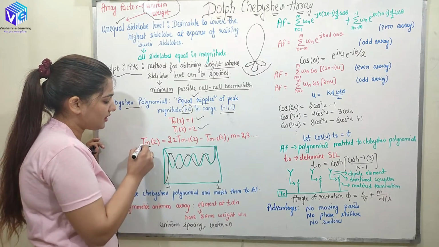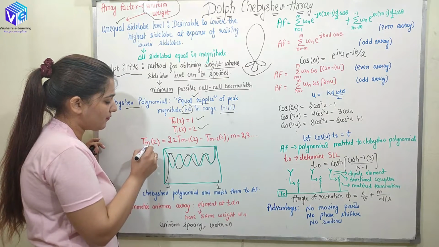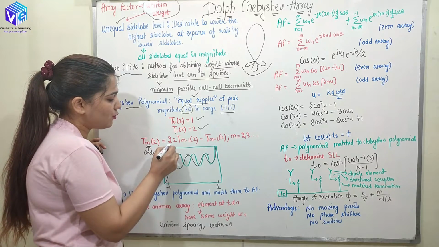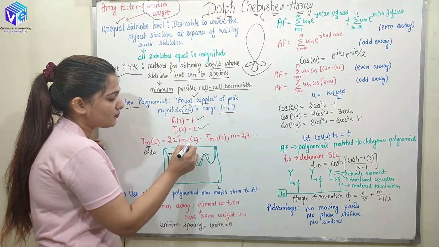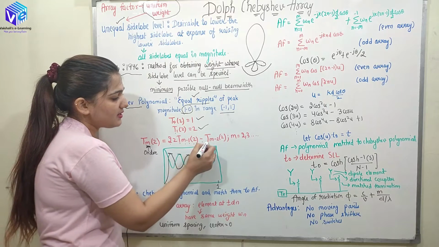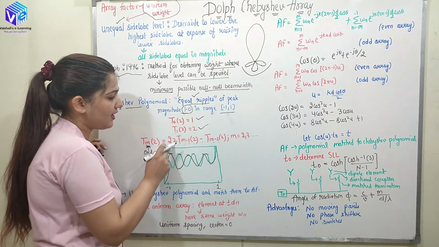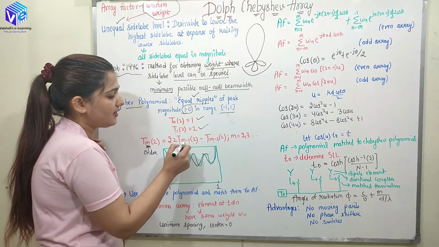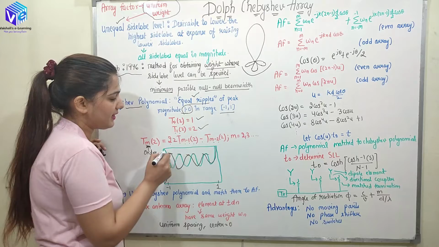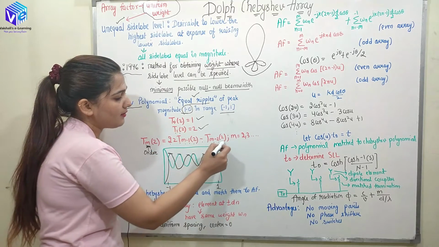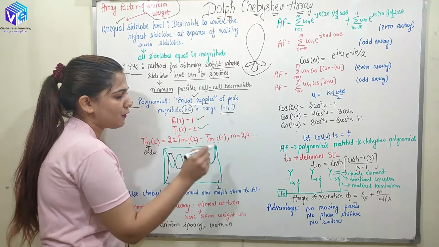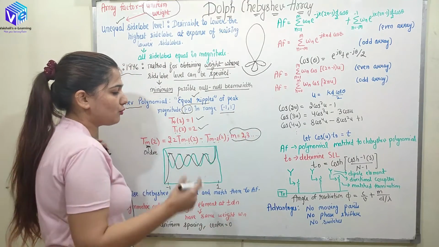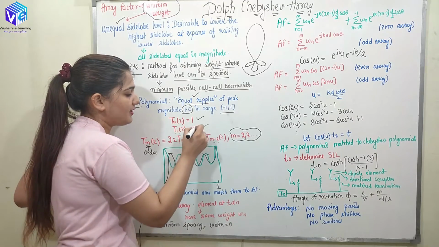The Chebyshev polynomial of order m can be represented by 2Z Tm minus 1 of Z minus Tm minus 2 of Z. Here you can see we have T1Z also. When I put T naught Z equal to 1, I get T1Z. Because Tm minus 2 of Z was not there, we cannot use it, and this is applicable for m equal to 2, 3 and so on only. Here it is not applicable.